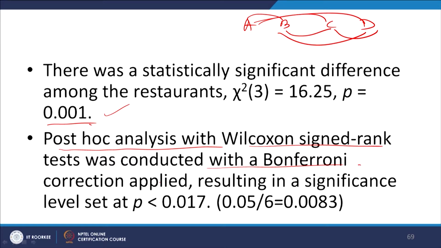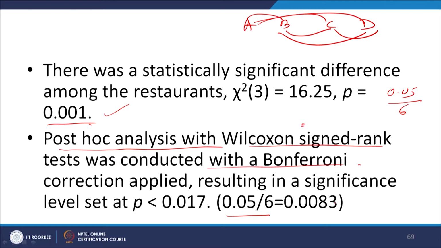Now, what is a Bonferroni correction? Suppose you are taking a significance level of 5%, right. Now, you are conducting 6 tests, so you have to divide it by the number of tests. So how much is remaining? For example, 0.05 divided by 6 is equal to 0.0083.